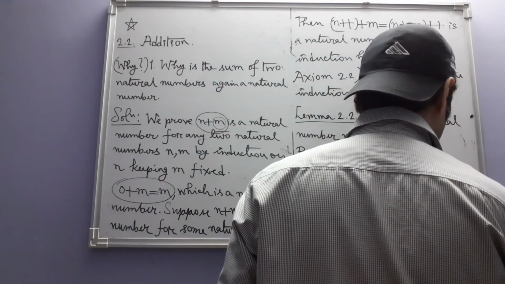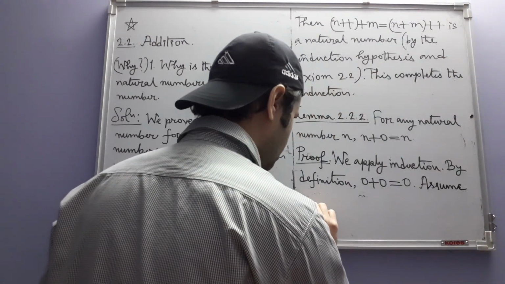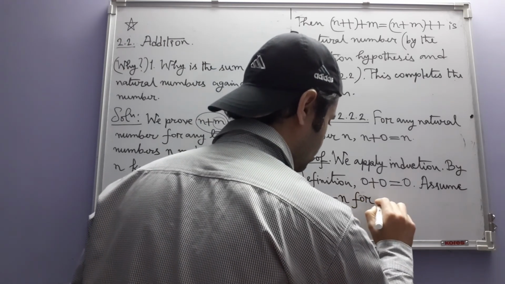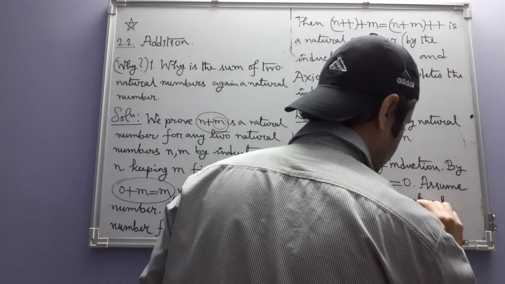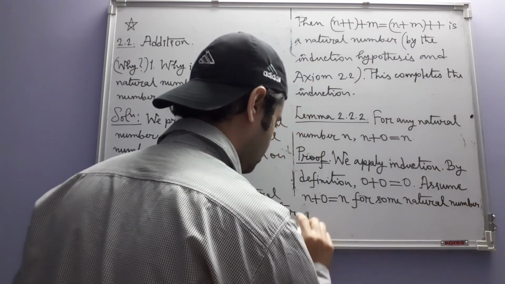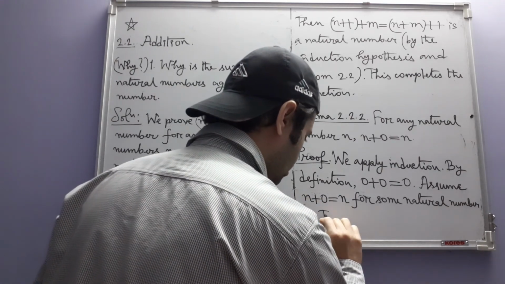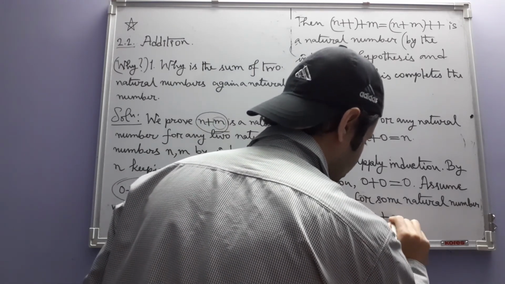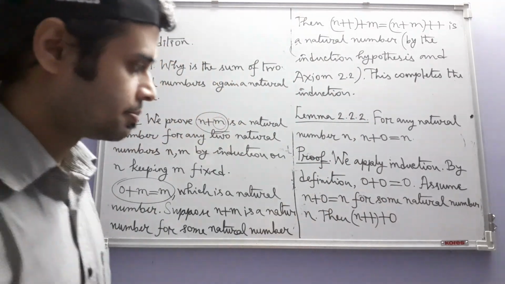Now we assume the induction hypothesis. Assume n plus 0 is equal to n for some natural number n. Then n plus plus, plus 0. Okay, I have to show that this is equal to n plus plus.